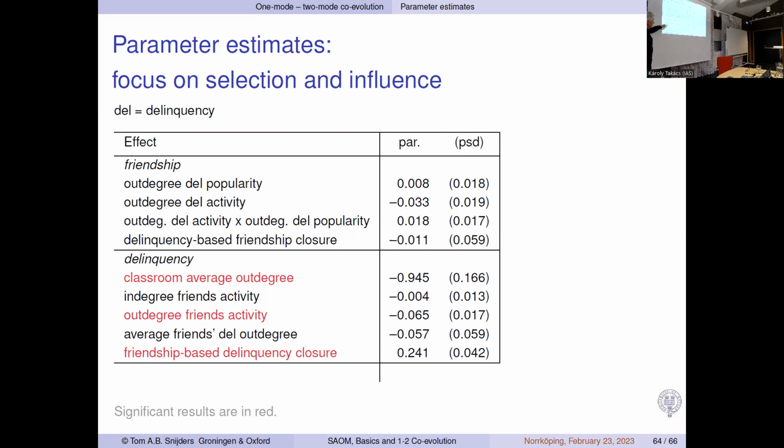So the result was that in a model where both types of influence were permitted, the clear outcome is that influence is taking place at the level of individual delinquency acts.